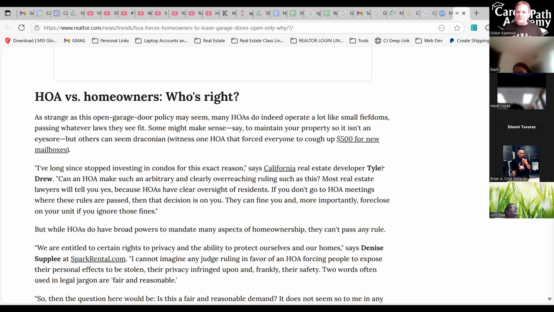The association wanted to do some repairs. They wanted to put all new siding or replace all the windows with storm windows and storm doors and put in new, and pave new walkways. And they were going to bill each individual unit owner $10,000. Can your HOA do that?